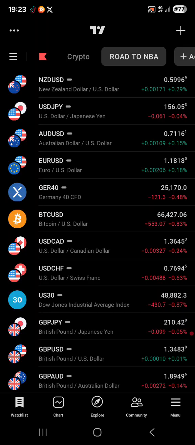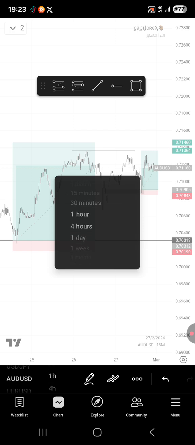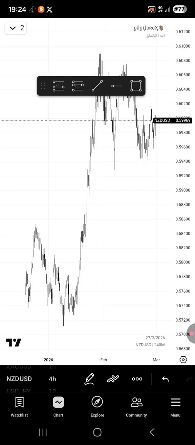Then what other pair can I use as an example? So okay, let's check the chart together. NZD, like this New Zealand USD.